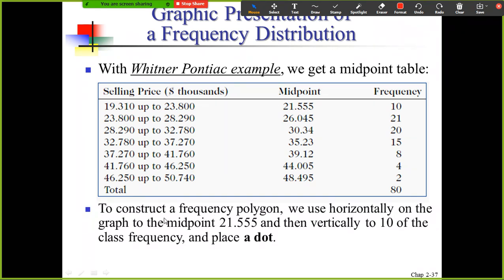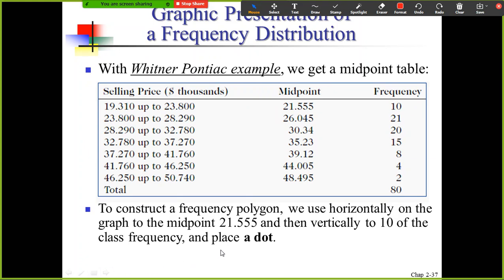To construct a frequency polygon, we use horizontally on the graph the class midpoint, for example 21.555, the first class midpoint. Then vertically is class frequency. Class midpoint on horizontal, class frequency on vertical.